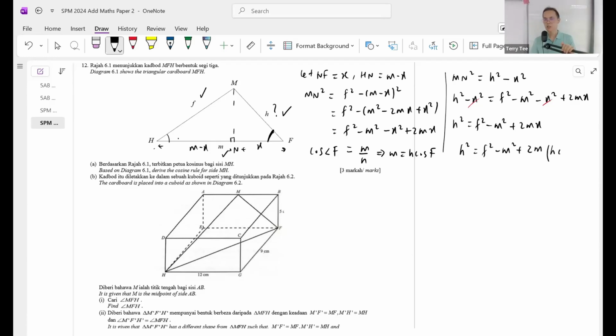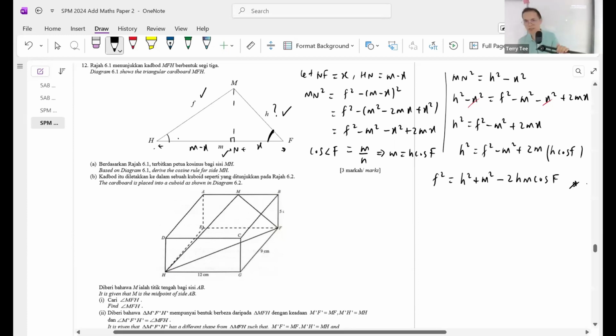Your x is h cos f. So we need to make this f, bring the rest to the left-hand side. Make f squared as a subject. f squared will be h squared plus m squared minus 2mh, hm and mh the same, cos angle f. There you go. That's how you derive the cosine rule.